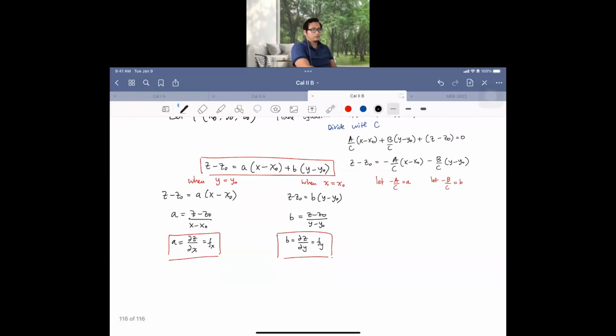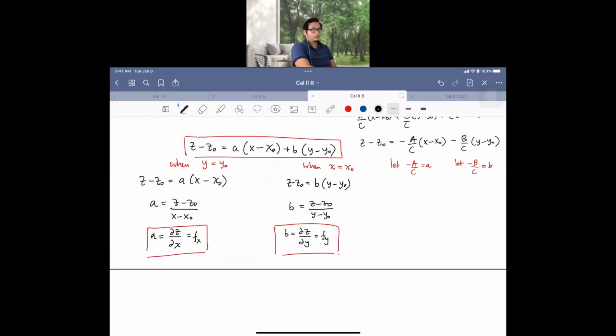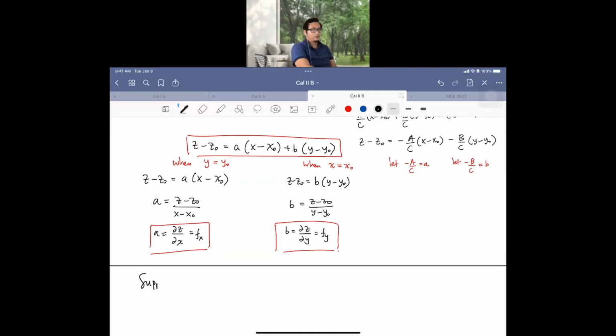Okay, so suppose f has continuous partial derivatives.